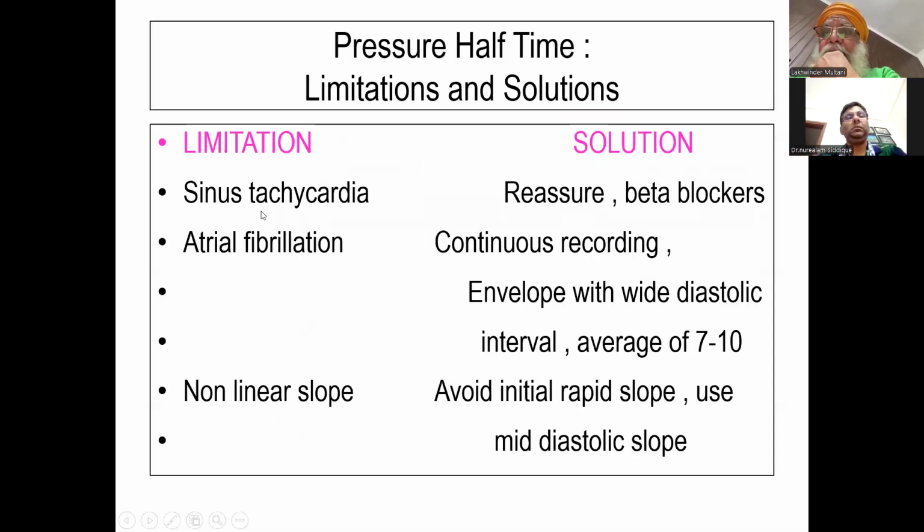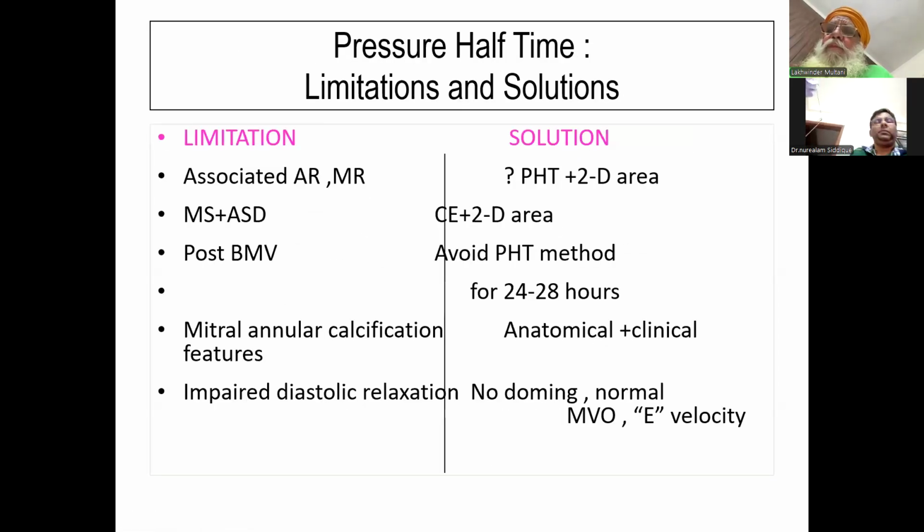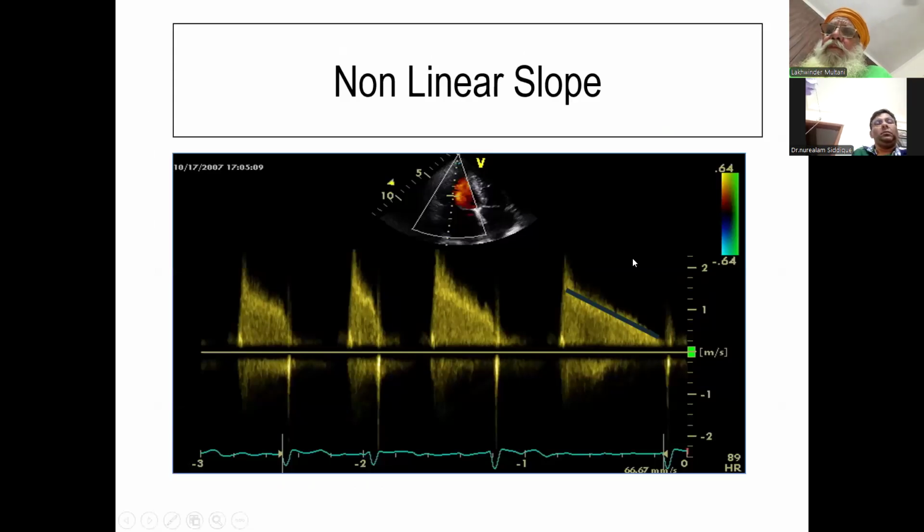In sinus tachycardia, we always send this patient back with beta blockers. In atrial fibrillation, we try to look for the longest deceleration time. I showed you that longest deceleration time.